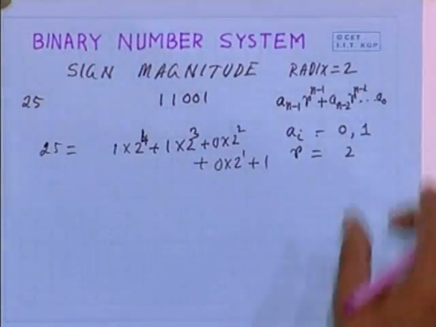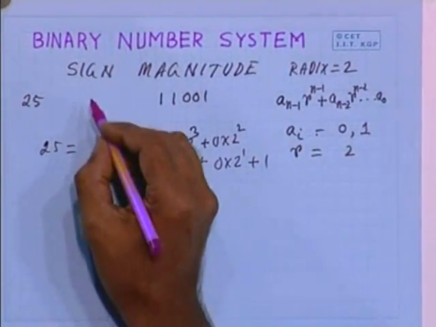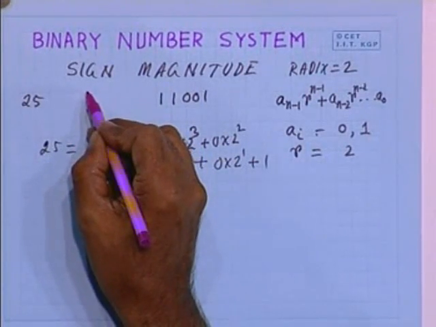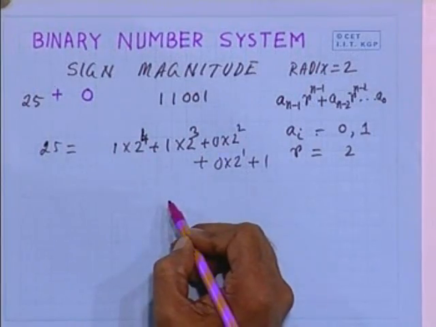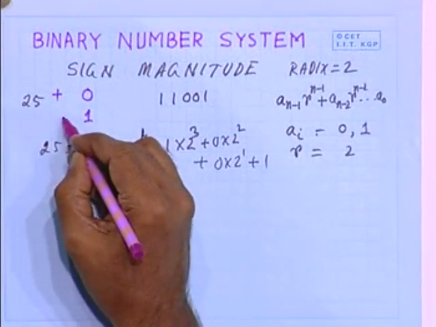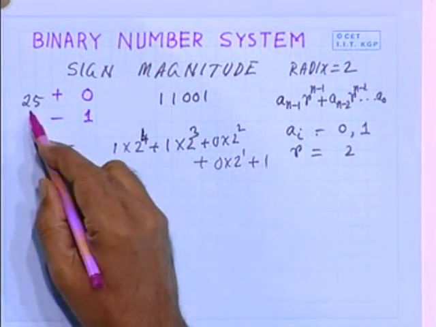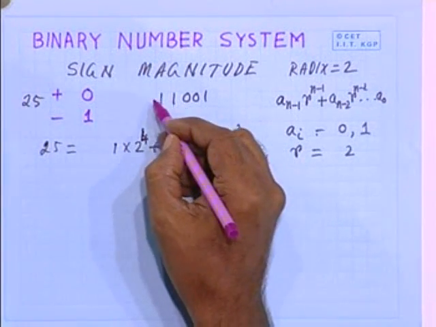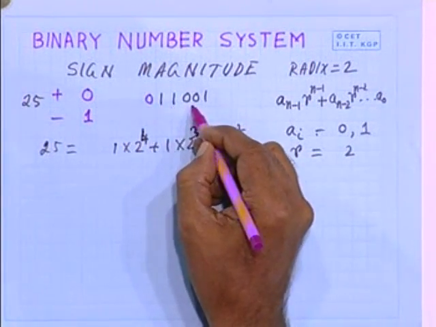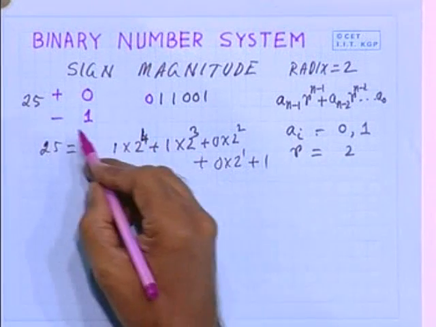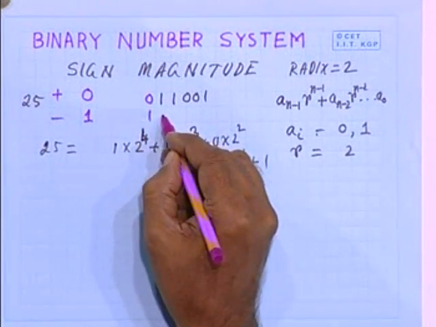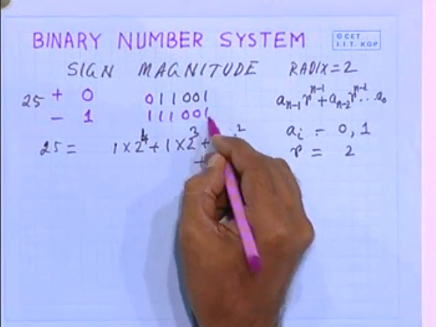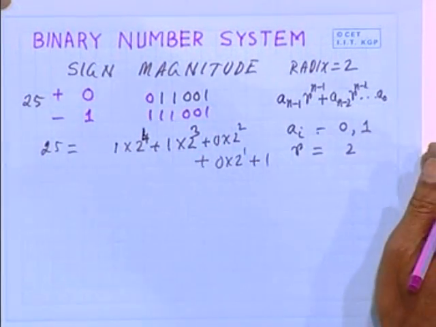So we have to use something else. We can use, say, 0 to represent positive, 1 to represent negative. So plus 25 will be represented by 0 0 1 1 0 0 1, or minus 25 will be represented by 1 0 1 1 0 0 1. So this is the sign magnitude form of representation.